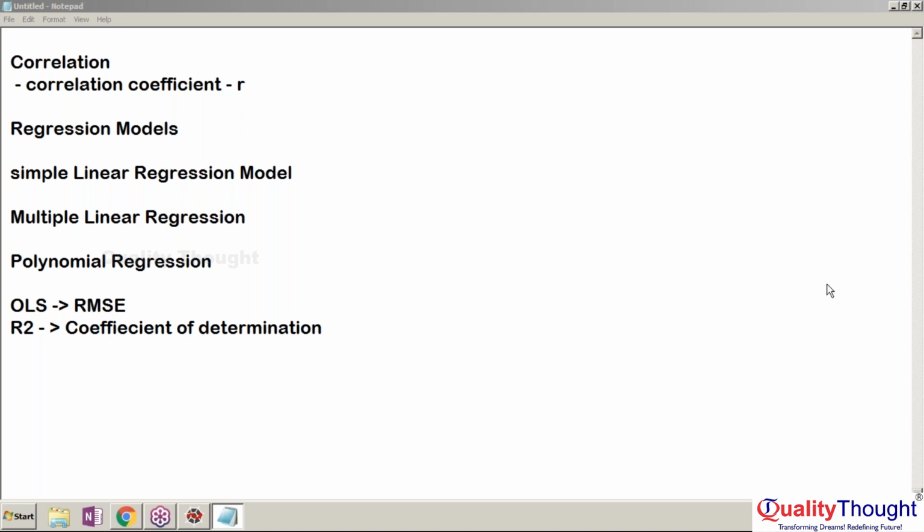Understand? So guys, we have only two different types of models: regression and classification, and the clustering. Within these we will try to identify different machine learning models. Now we have gone through simple linear regression, multiple linear regression and polynomial regression.